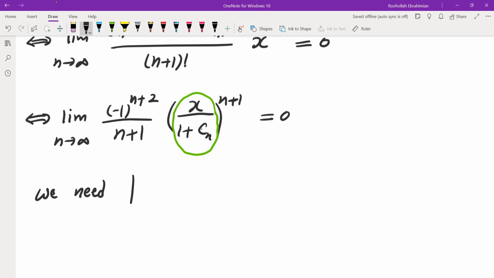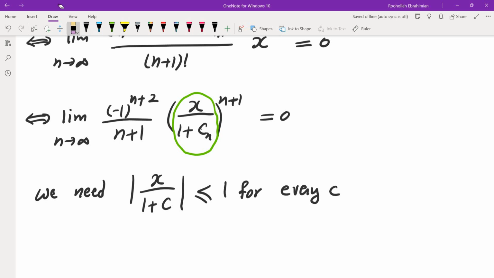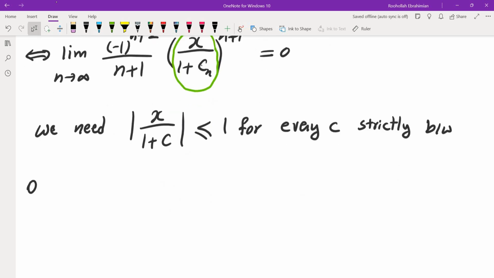So we need the absolute value of x over 1 plus cn to be less than or equal to 1 for every c, I'm going to call that c now, because again we don't have any information about cn. All we know is that it is between 0 and x. So for every c between 0 and x, we need this inequality.